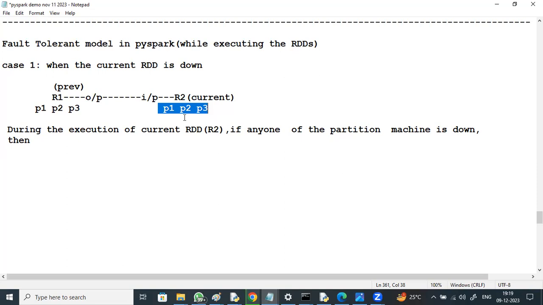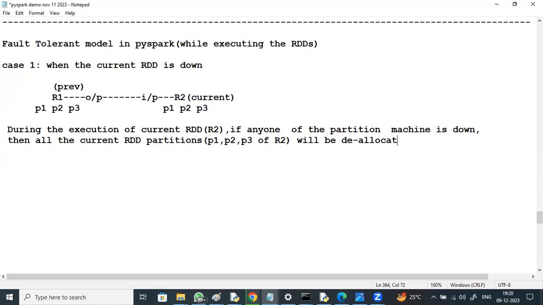then all the current RDD partitions P1, P2, P3 of R2 will be deallocated. Deallocated means cleared from RAM.